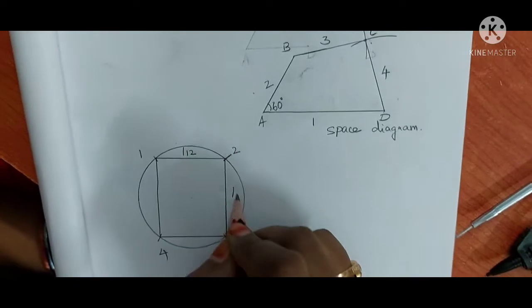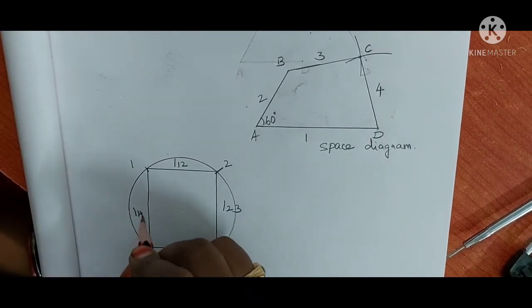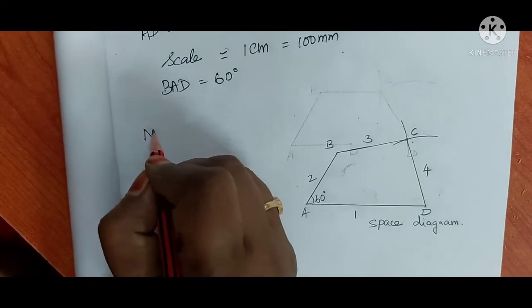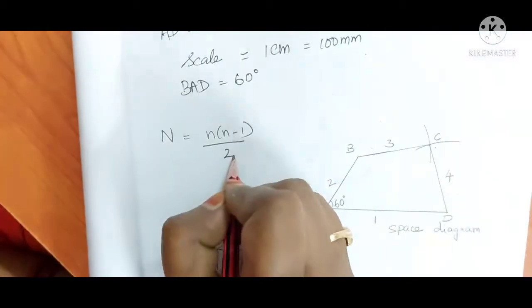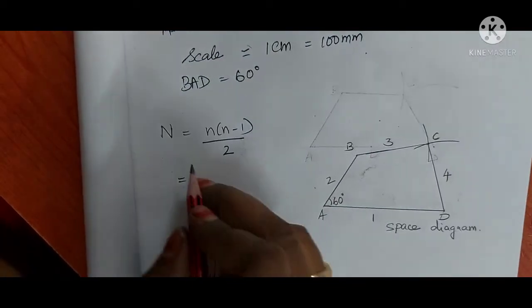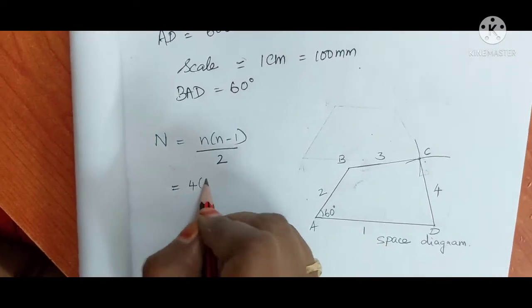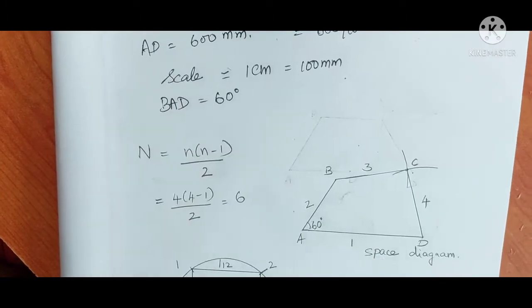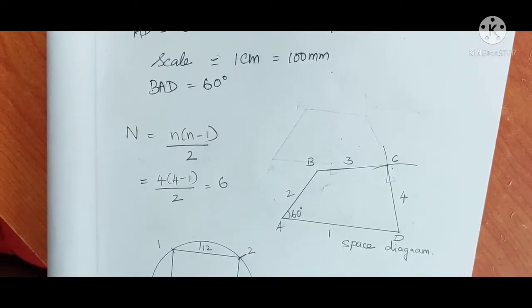I12, I23, I34, I41. And you have the formula: the number of instantaneous centers equals n into n minus 1 by 2, where n is the number of links. The number of links is 4, so 4 into 4 minus 1 by 2 gives the total number of instantaneous centers as 6.